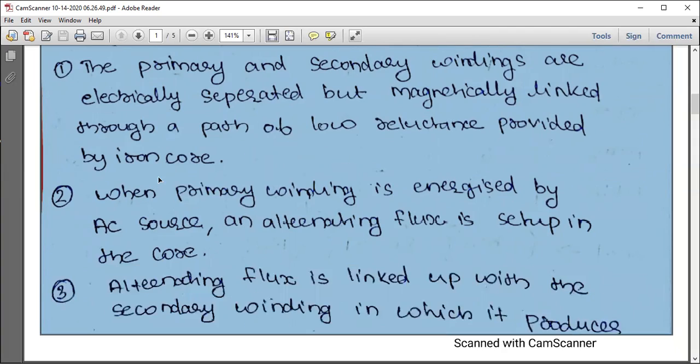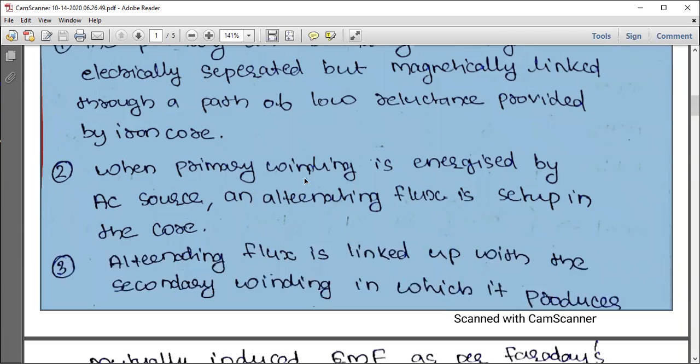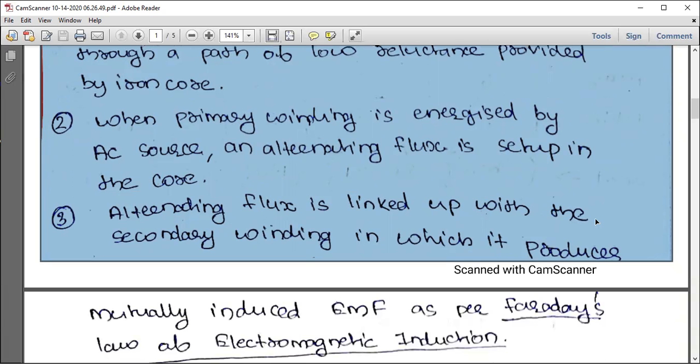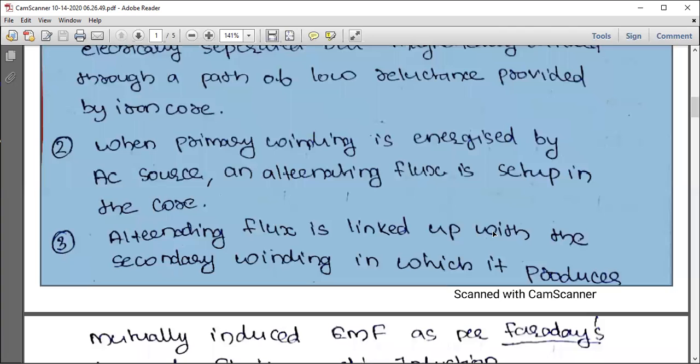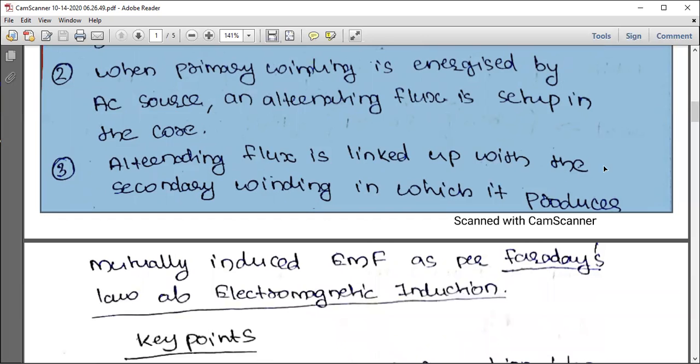When the primary winding is energized by an AC source, an alternating flux is set up in the core. The rate of change of that flux will produce E1 is equal to N1 into d phi 1 by dt. The alternating flux is linked with the secondary winding, in which it produces a mutually induced EMF.